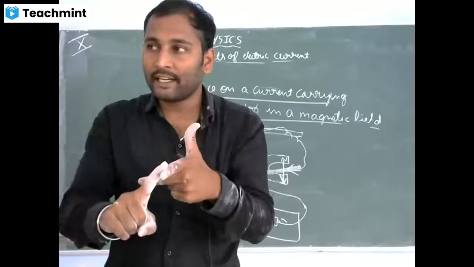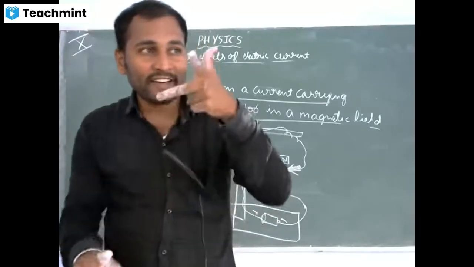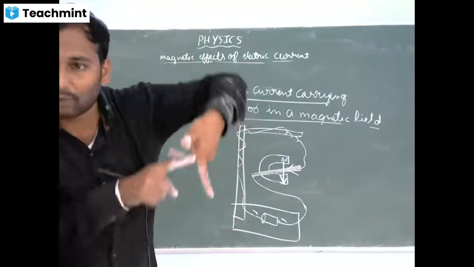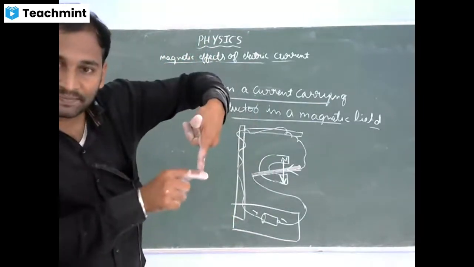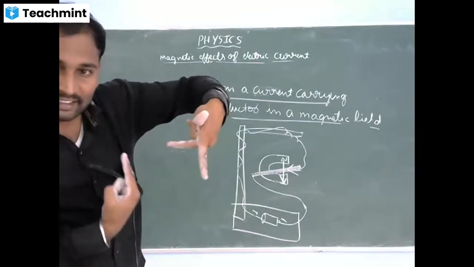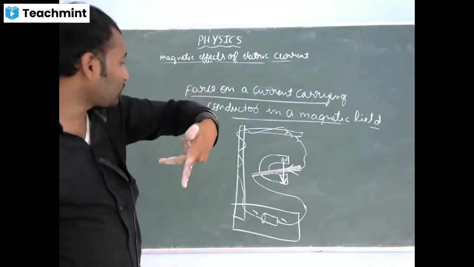Forefinger indicates the direction of magnetic field. Magnetic field direction, from the figure, is from north to south. Current direction you can see from the figure.